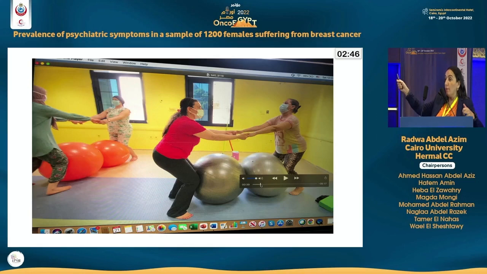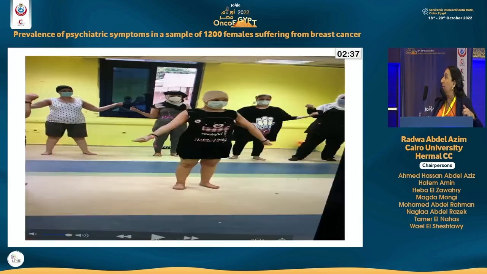So immediately post-operative, and the drainage is right next to her, and she's able to engage in those kinds of exercises. This is another intervention, a modified high intensity interval, to work on their energy level, engagement, and agency.